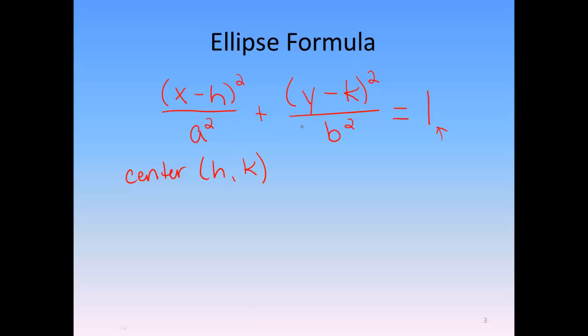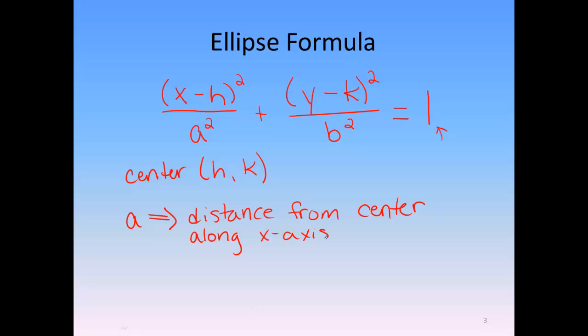But now we've introduced these two other things, a and b. And what a stands for, because it's under the x here, a stands for the distance from the center along the x-axis, or the x direction.